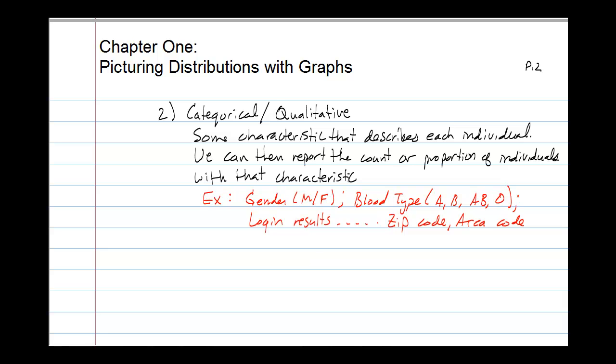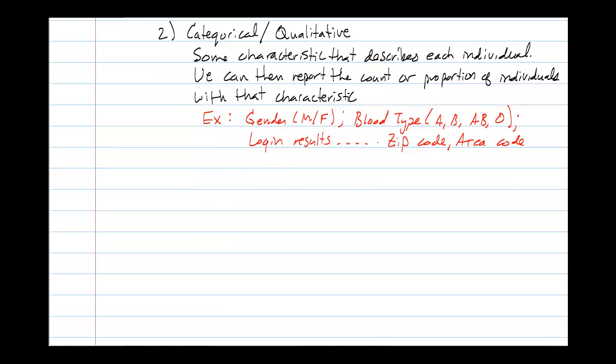Now, one very important skill in statistics is trying to decide whether a variable is categorical or quantitative. So how do you decide if a variable is quantitative, and remember, quantitative and numerical are the same, or categorical?